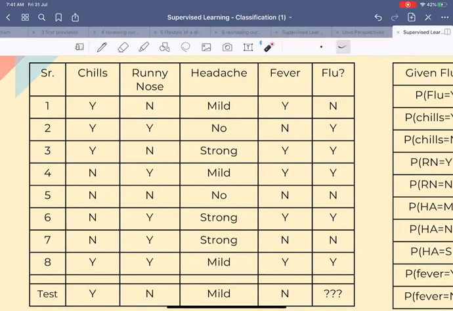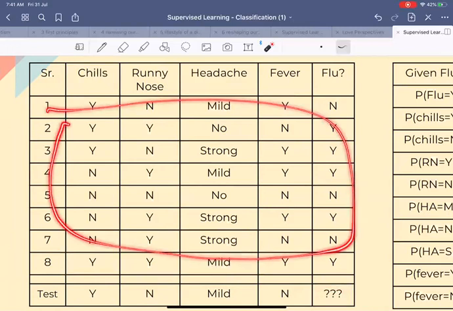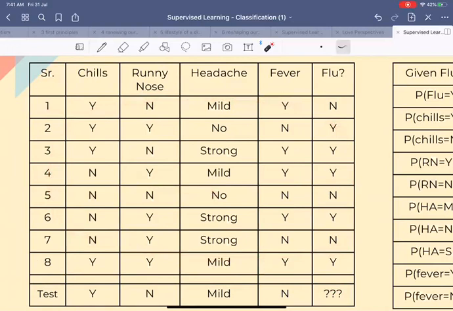Because if you understand the system, then you can go to an unseen case like this: if they have chills, no runny nose, a mild headache, and no fever, what is the answer? These data are eyes for us to see into the system, and once we understand it, we can predict for an unseen case.